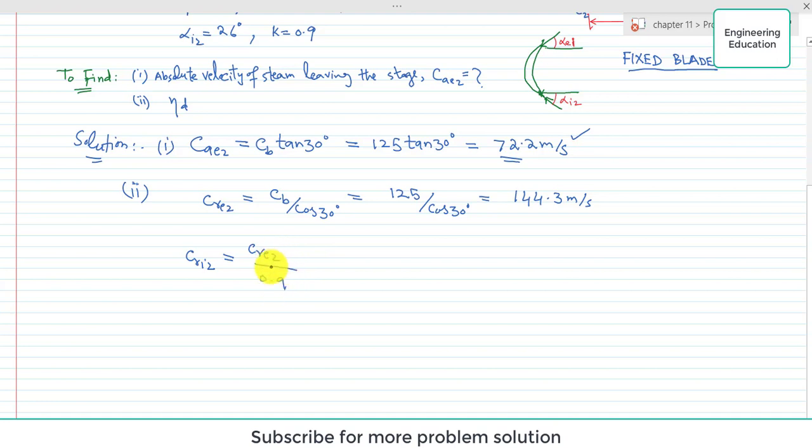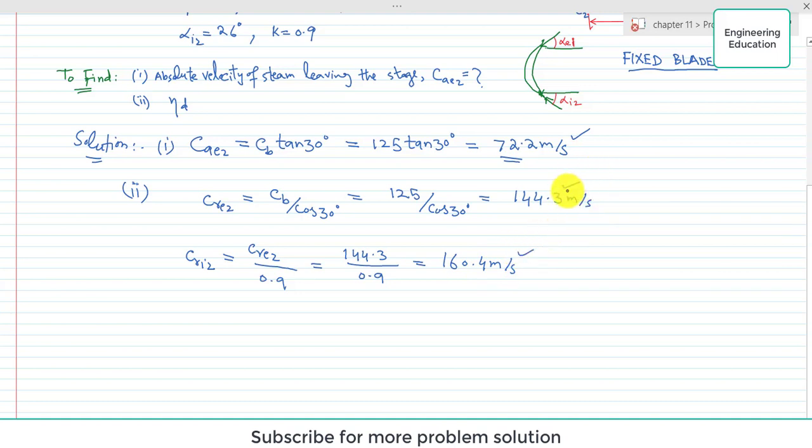So CRE2 is equal to K into CRI2. Rearranging it for CRI2, CRE2 is as calculated, 144.3 meter per second, while the value of K is 0.9. Simplifying this, we get the value which is 160.4 meter per second.